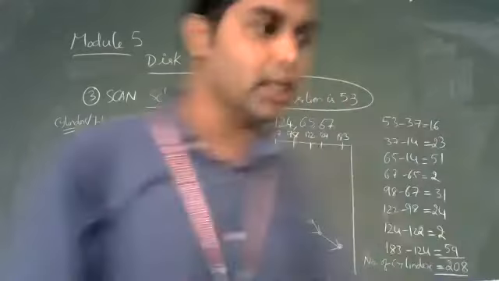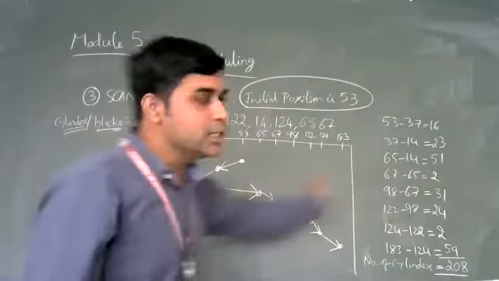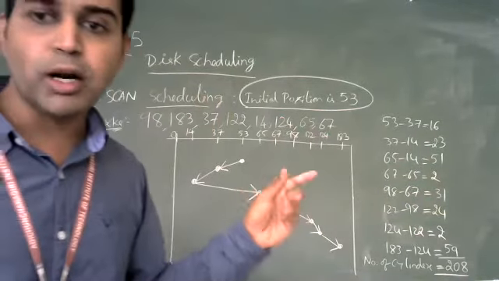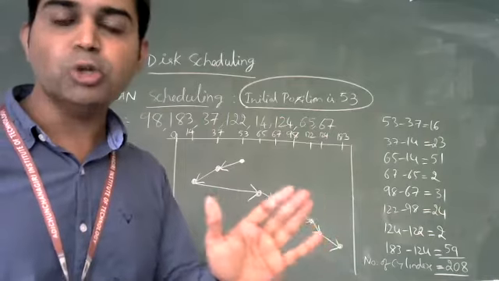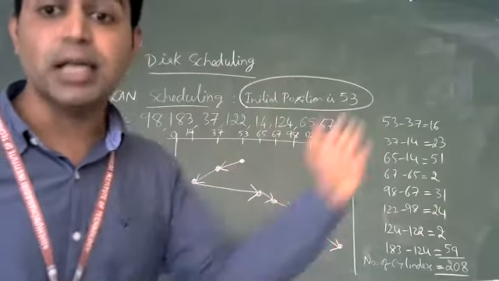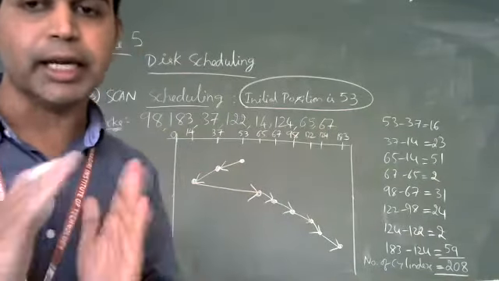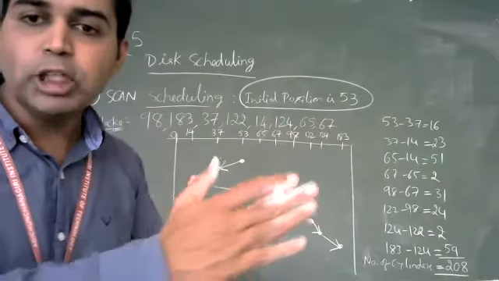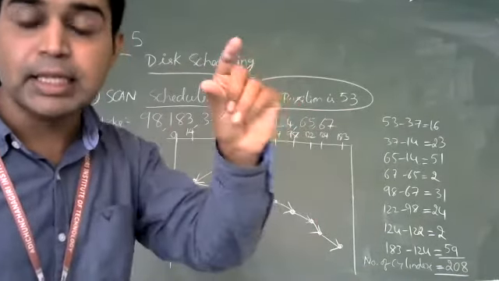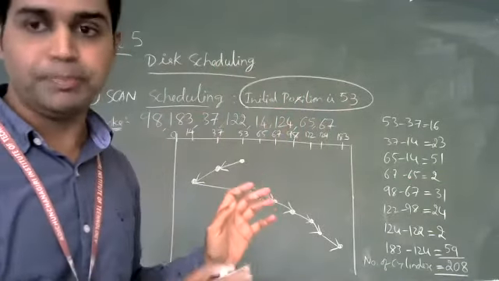So you can observe here. This is the left side of the disk, that is the right side of the disk. The scan scheduling algorithm will work by moving to one side of the disk first, then it will move to the other side of the disk. That is called the scan scheduling technique. When it is moving to one side, the cylinders it gets will be serviced first.